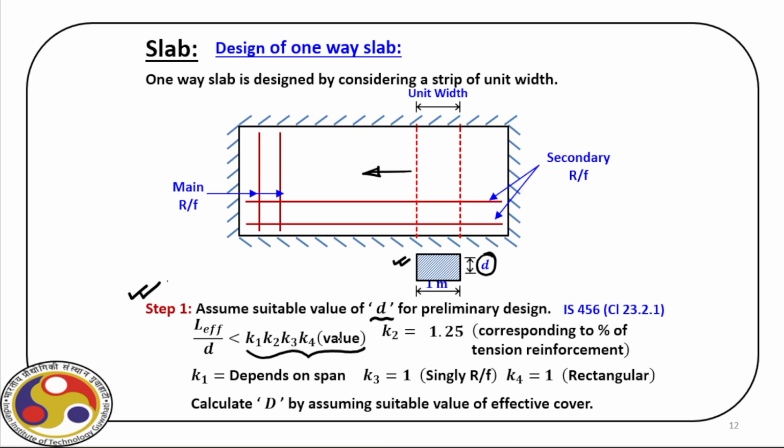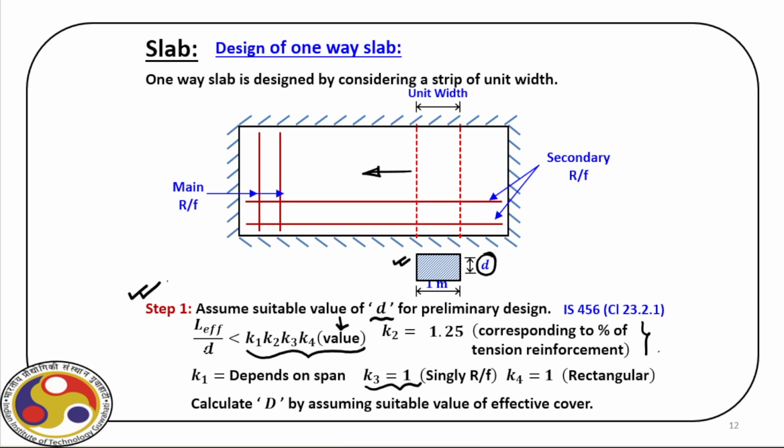Recall these values are given for spans less than 10 meter. Then K2, which corresponds to the percentage of tension reinforcement. Then K3 equal to 1 if it is singly reinforced, and if you have compression reinforcement, then we have to evaluate this K3 from the figure, and K4 is equal to 1 for rectangular slab.